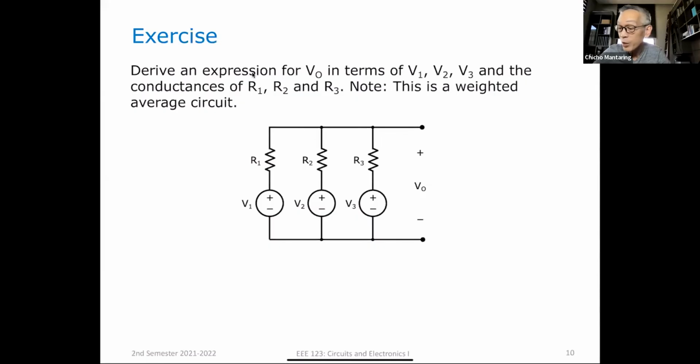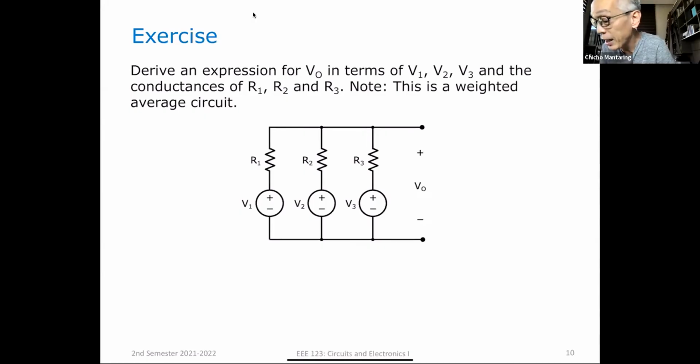So this is one essential node, and this is another essential node. In which case, how many nodal equations can we form? Remember, if you have n essential nodes, you can only form n minus 1 nodal equations. So I can only form one node voltage equation here.